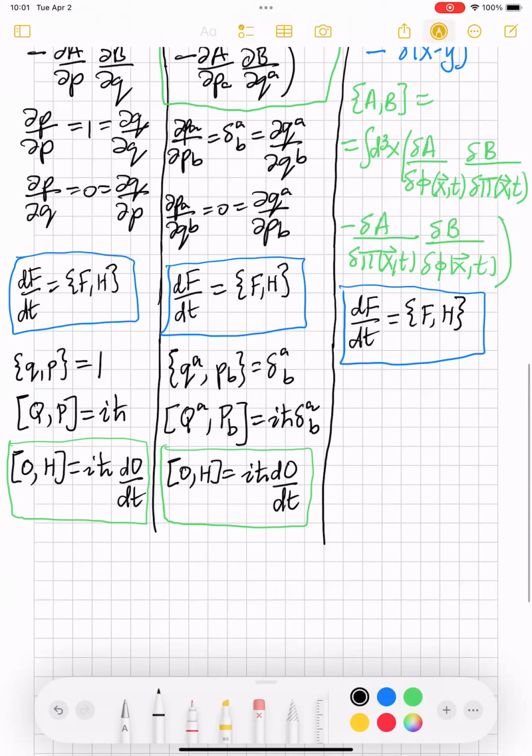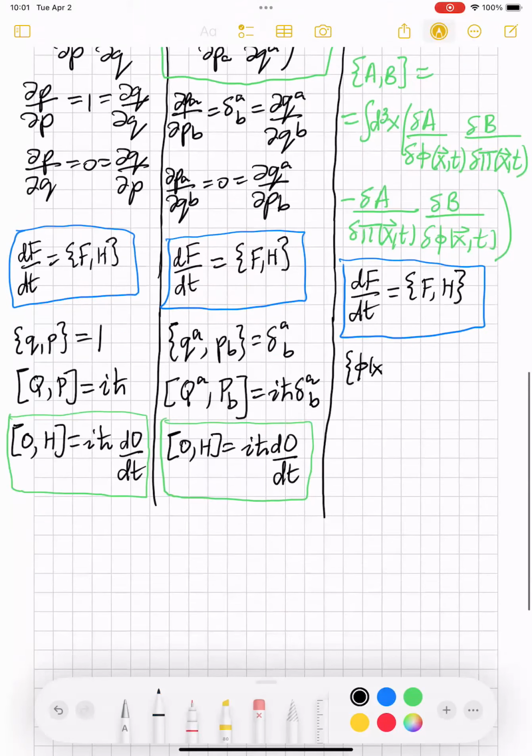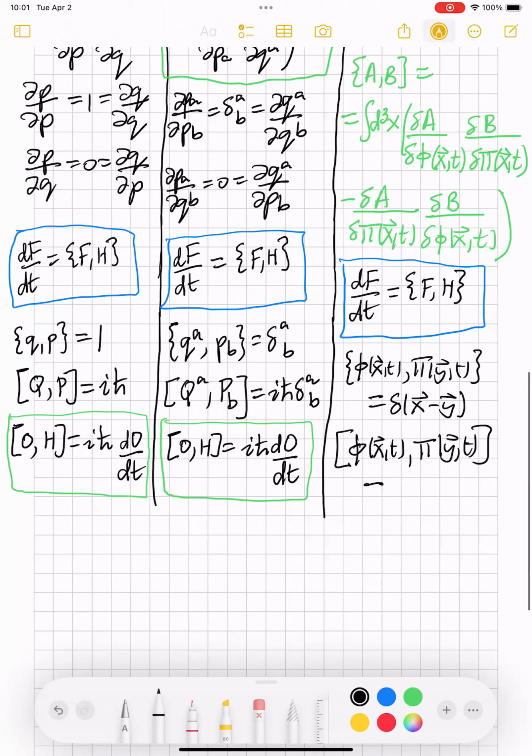Well, we wrote down this Poisson bracket just above, so let me put it down here again: phi of x, t with pi of y, t. x and y, because in the discrete case, I had a and b. And then the Kronecker delta is replaced by the Dirac delta. So then in the quantum theory, we would have the commutator of phi of x, t with pi of y, t equal to i delta of x minus y.